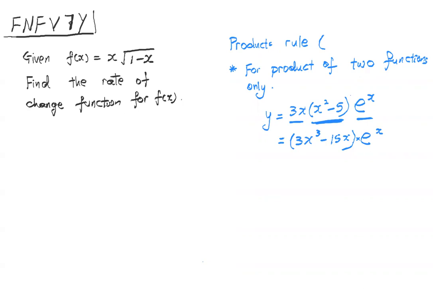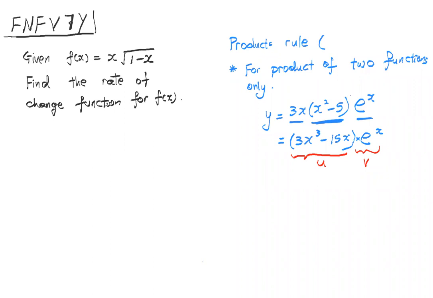The one in front, we name this function as u. The one at the back, we name this function as v. Okay? So are you clear? So the first thing is you make sure you make it into 2 functions.